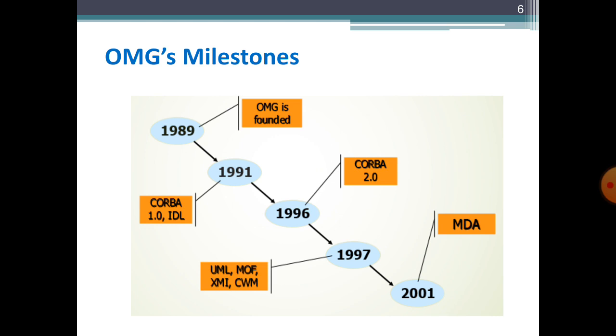Students, OMG is the Object Management Group, an international, open membership, non-profit technology standards consortium, founded in 1989. OMG standards are driven by vendors, end users, academic institutions and government agencies.